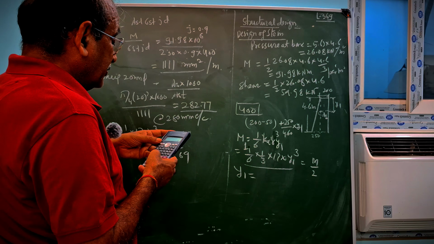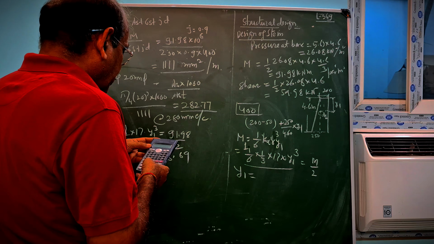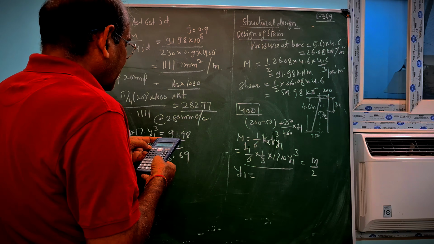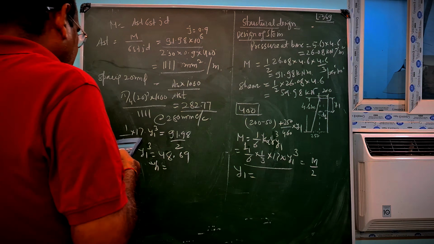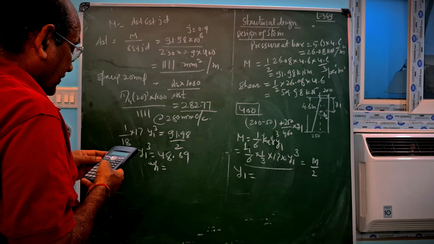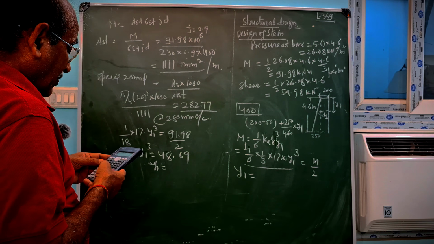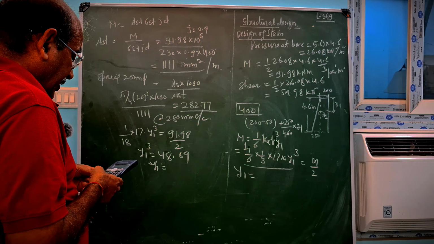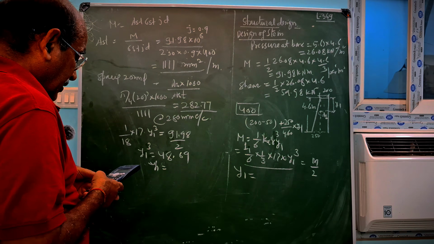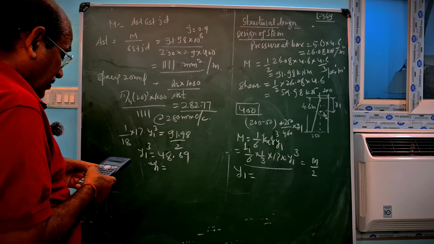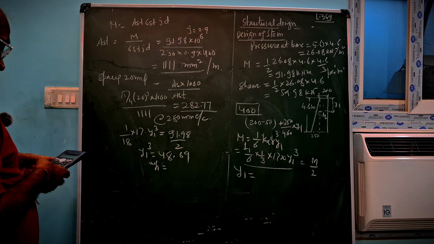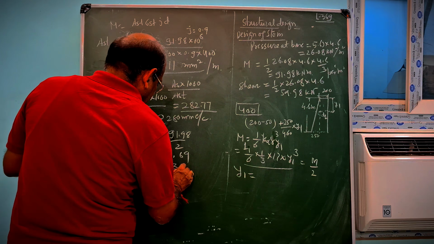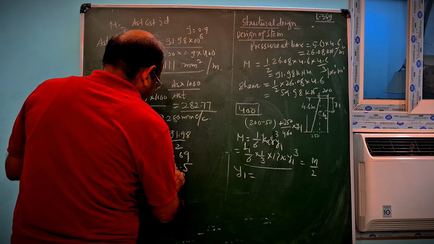Taking the cube root of 48.69 on the calculator, y1 is equal to 1 by third power, so this is coming approximately 3.6, or you can have 3.5 meter.